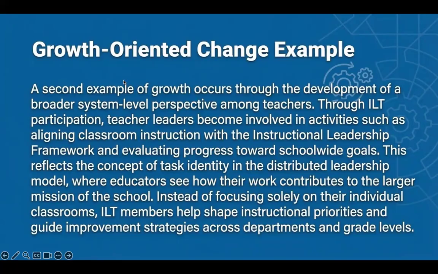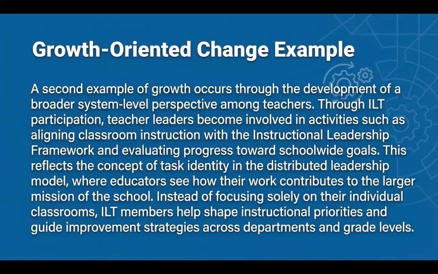Right. So a second example of growth occurs through the development of a broader system-level perspective among teachers through ILT participation. Teacher leaders become involved in activities such as aligning classroom instruction with the instructional leadership framework and evaluating progress towards school-wide goals.